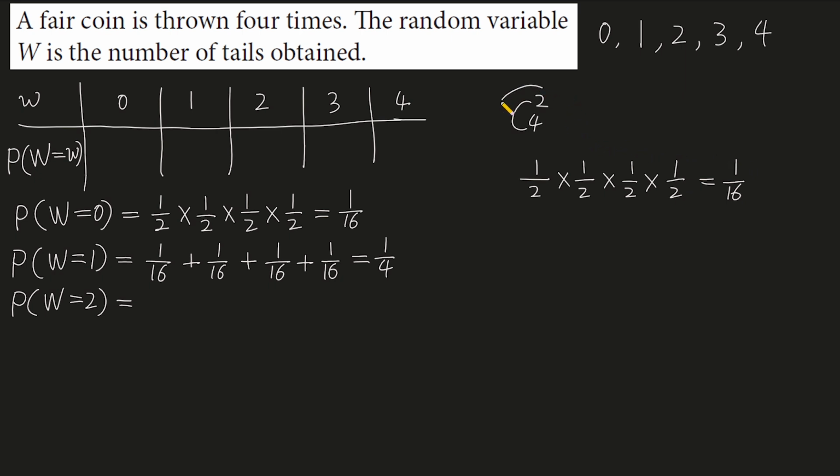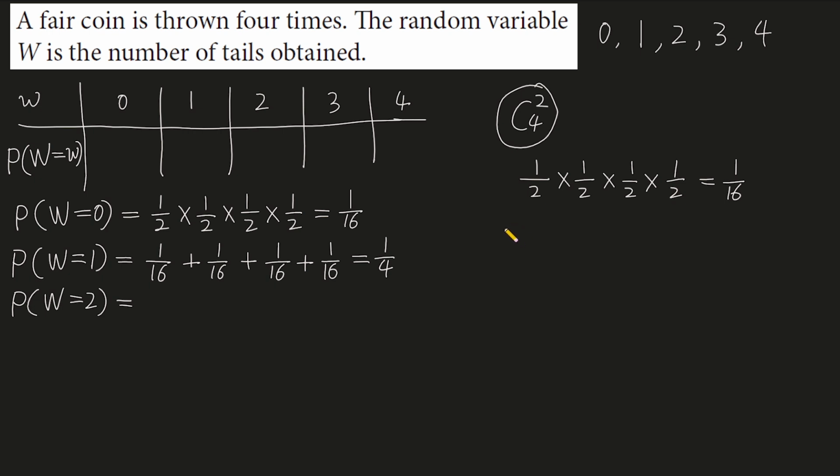So there are C(4,2) ways to choose two terms from four terms, and for each way, the probability is 1 over 16.